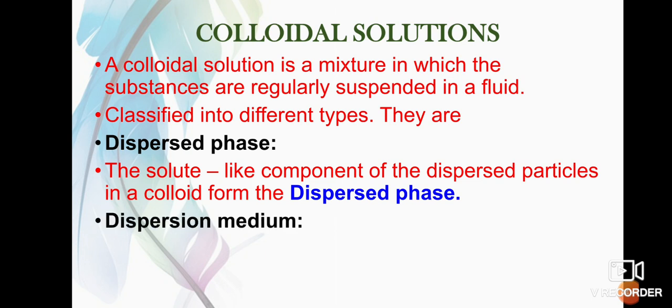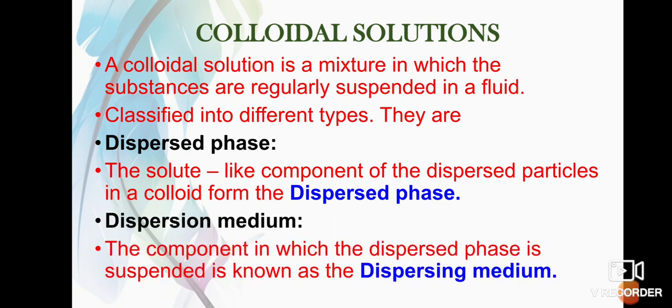And the dispersion medium is the component in which the dispersed phase is suspended, known as the dispersing medium, means solvent. So the two components of colloidal solutions are the dispersed phase and the dispersing medium. Dispersed phase is nothing but solute particles. Dispersing medium is nothing but solvent particles.